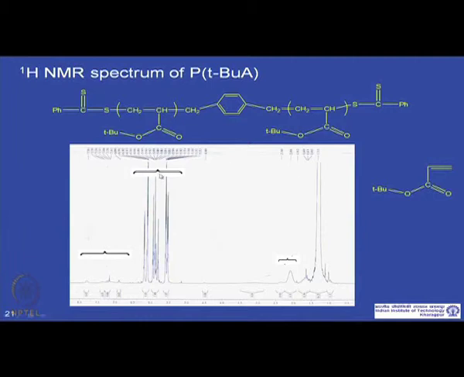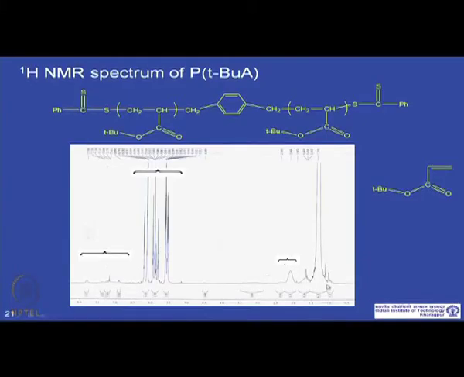From the ratio of the peaks, this corresponds to 3 protons of the monomer, and this corresponds to the 3 protons of the polymer. So from this ratio you can find out the conversion of monomer into polymer. Obviously, the longer the reaction goes, this will come down and these peaks will go up as the molecular weight also goes up.